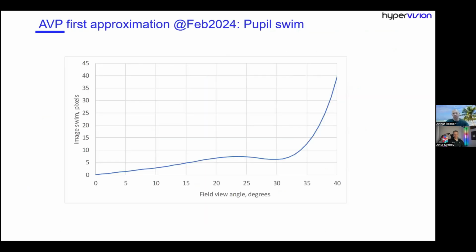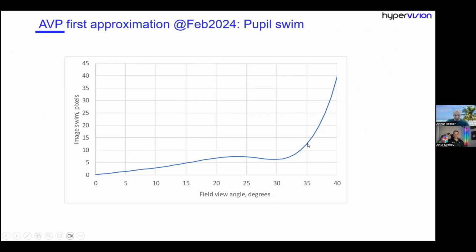Pupil swim. This is a simulation, not a precise model, but it shows that there is pupil swim. The meaning is, when we look straight and notice something in the periphery and rotate our eyes to the corresponding pixels, we will miss. How much will we miss?